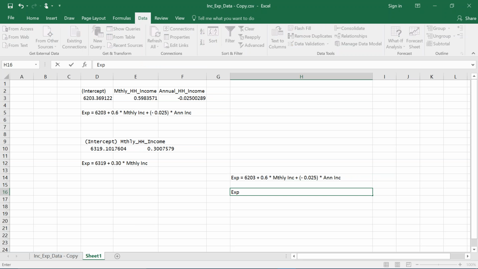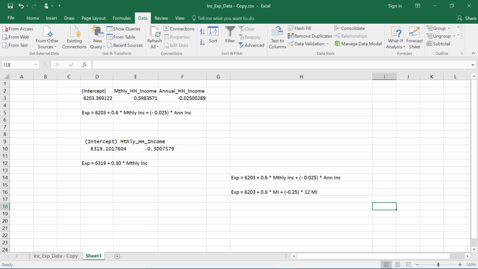If I can do that, expense will become equal to 6203 plus 0.6 times monthly income plus bracket minus 0.025 times 12 monthly income.